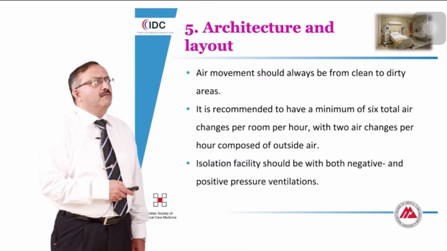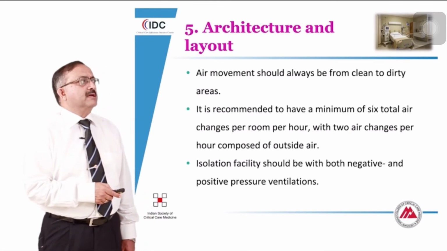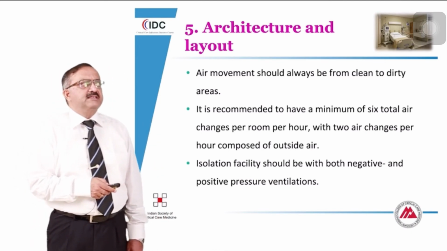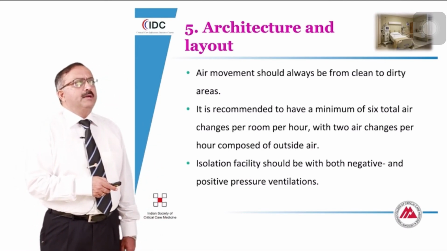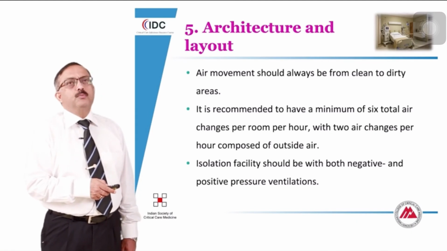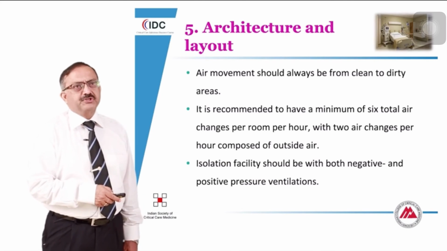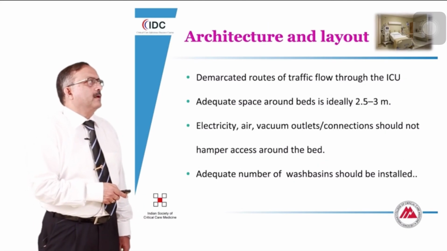Air movement should always be from clean to dirty areas. It is recommended that a minimum of 6 total air changes per room per hour with 2 air changes per hour of fresh air should be undertaken. Isolation facility with negative and positive pressure should be there.